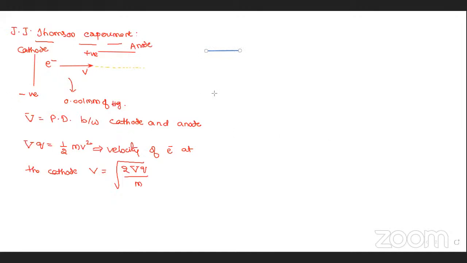It is a very long discharge tube. Here I am placing 2 plates, but I am not maintaining a high potential difference, only a small potential difference, so that I am maintaining some electric field. Here I am placing positive and negative.